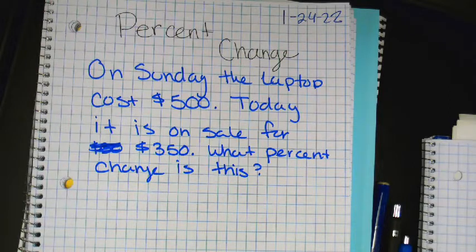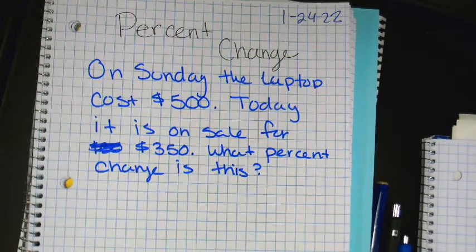What's the new price, right? And you're like, oh, 50%, cool, easy. Today, I actually give you the old price of $500 and the new price of $350. I'm now asking you for what percent change is that? Did we save 50%? Did we save 20%? Did we save 10%? How much percent did we save? That's what we're trying to figure out.